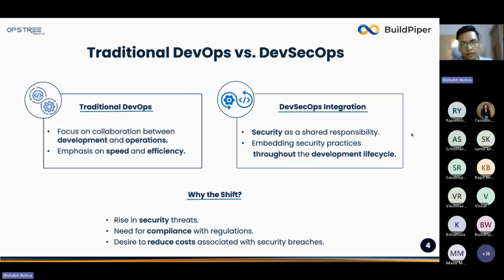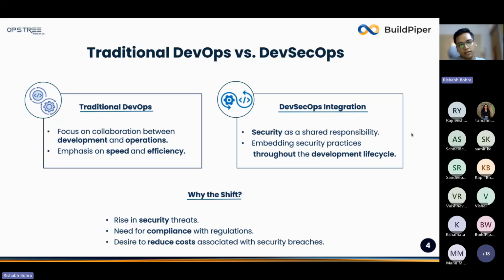For example, now the countries, the governments, and also the organizations have taken compliance very seriously, because it is being enforced very seriously, with examples like HIPAA, GDPR, and also PCI DSS compliance for fintech industries and organizations. Hence, the need for DevSecOps.